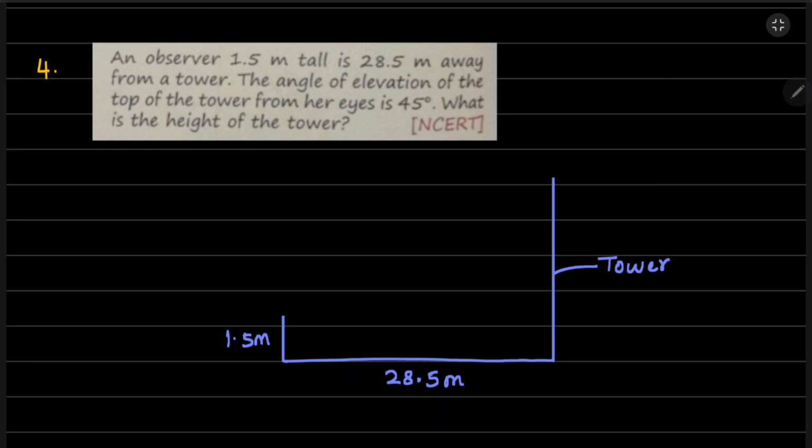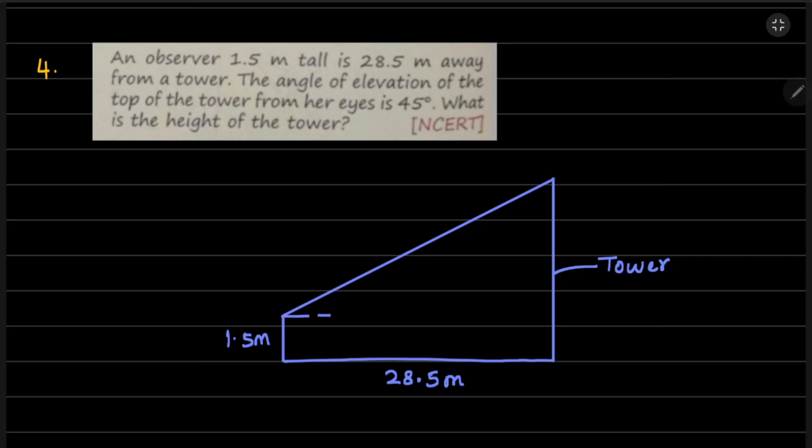Okay, the angle of elevation of the top of the tower from her eyes is 45 degrees. So from her eyes, she is looking up to the top of the tower. Let me just draw it in one single point. Okay. So now this is your angle of elevation.